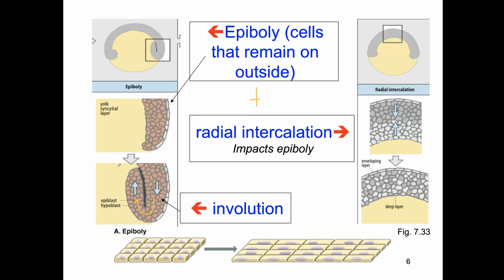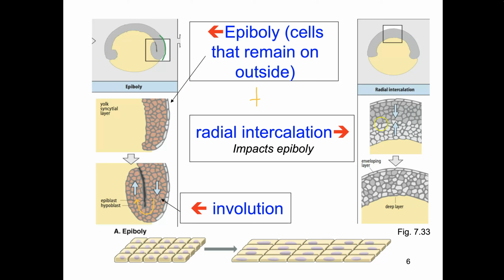Okay, so these are some of the types of movements that we're going to look at. Epiboly is when the cells remaining on the outside flatten and widen, and that causes them to move to cover a larger space.